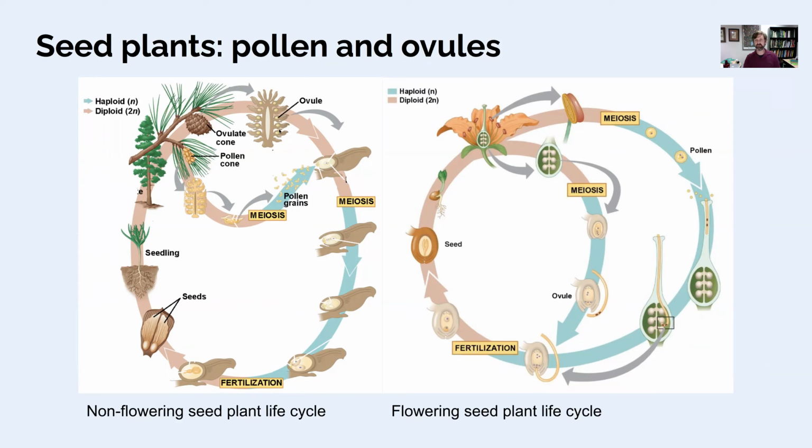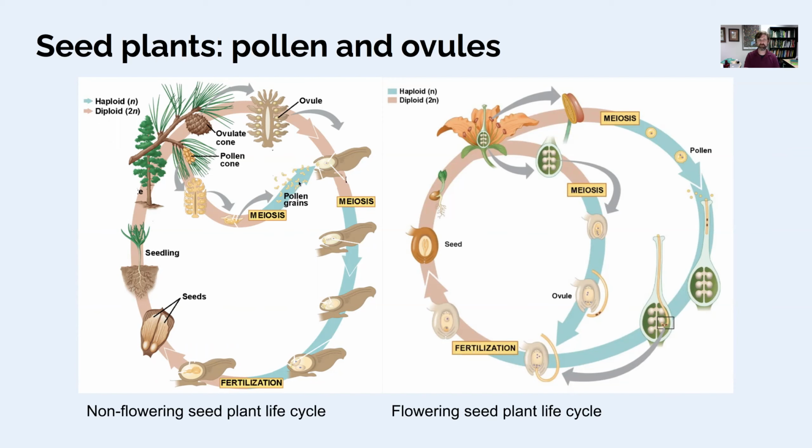The pollen grains contain sperm cells, the ovules contain egg cells, and we'll leave it at that for now. But basically the spore, gametophyte, and gamete phase of the life cycle is all compacted down in the seed plants. So we'll cover that a little bit later.